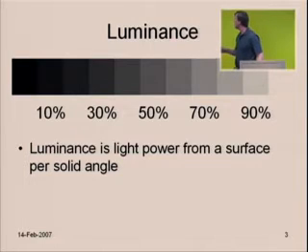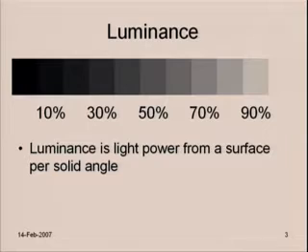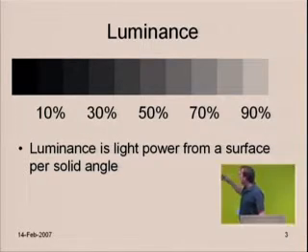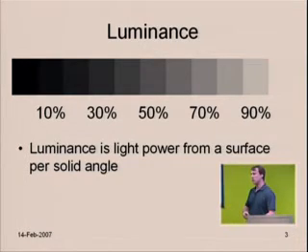So luminance is defined as the light power coming from a surface per solid angle. What we're looking at here is a line of 11 boxes at gradations of 10%, a full range of what this projector can produce. And talking about it in terms of percentages is not the way you work when you're computing lumens or candelas or whatever coming out of actual surfaces and trying to count photons landing on the sensor.